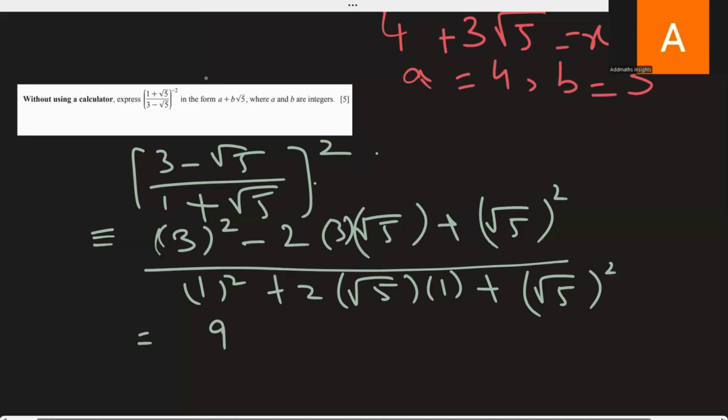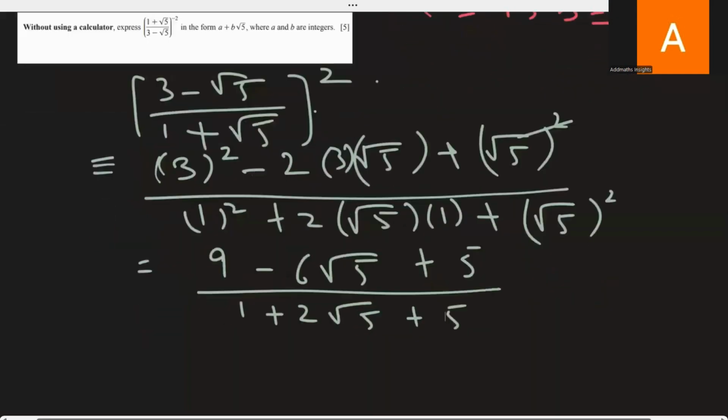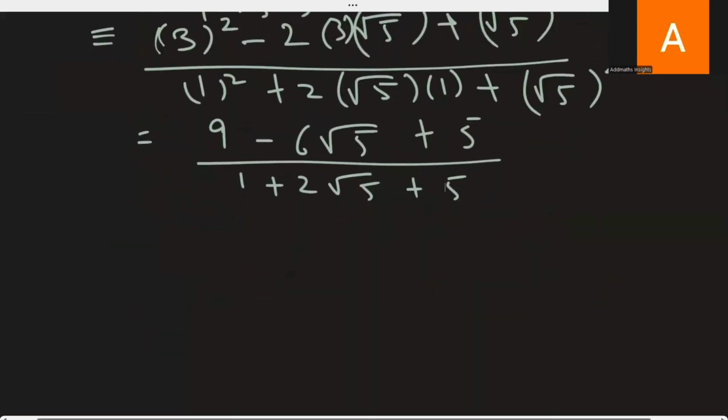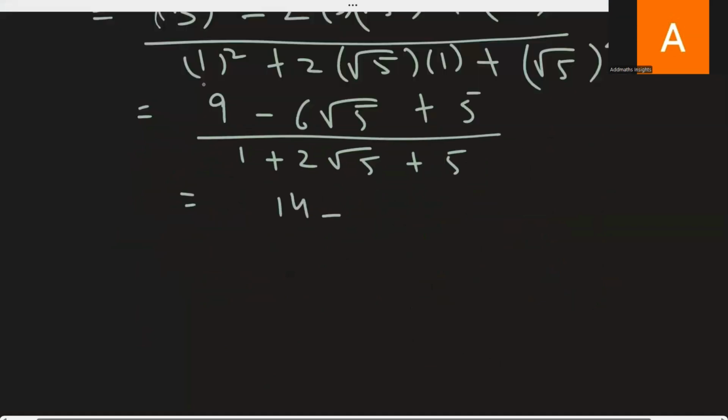Now 3 squared is 9, and the square root of 5 squared is 5. This is 1 plus 2 under root 5 plus 5. Now you can solve like terms. So 9 plus 5 is 14 minus 6 under root 5. And this is 6 plus 2 under root 5.